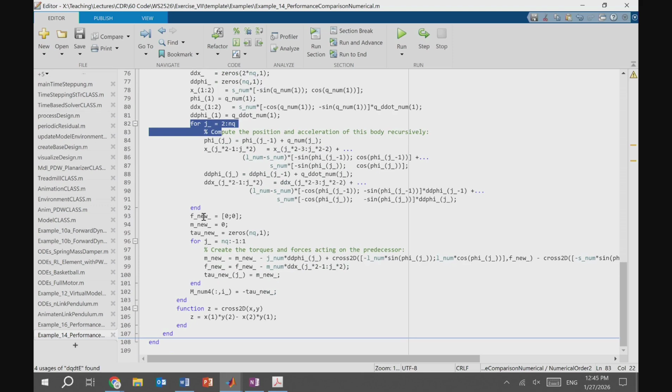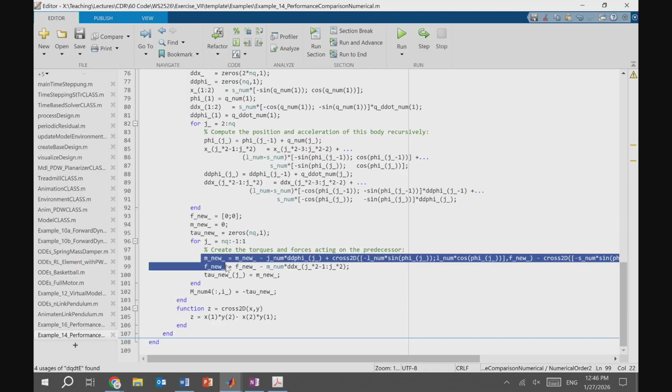Then I initialize the inward pass, where this is my constrained forces and torques on the right side, which I set to 0 because I start at the leaf where they're 0. And then I do an inward pass. So I go from NQ in minus 1 steps back to the root, moving backwards. And I evaluate the Newton-Euler equations for this body.